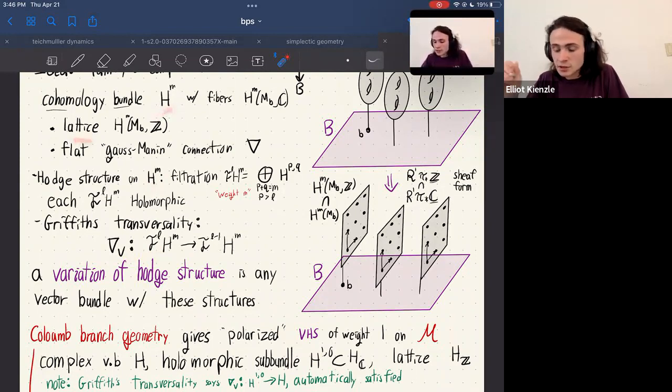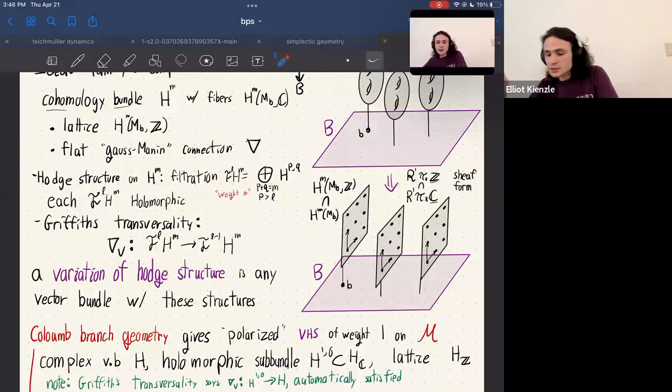It preserves the lattice. It does not preserve this filtration. It does not preserve the Hodge structure. Instead, it only breaks the Hodge structure in predictable ways. It just moves everything down one layer under the filtration.